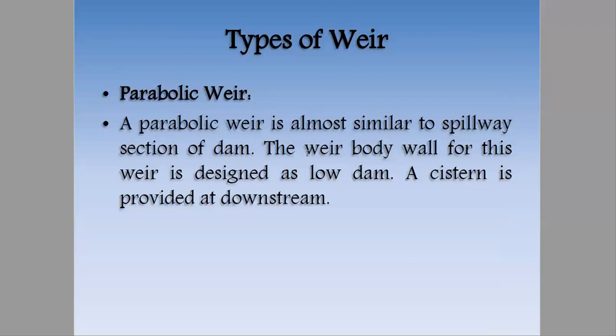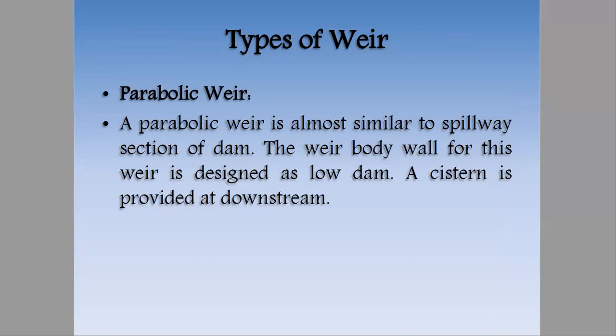Okay, so this is about the spillway of a dam, and this parabolic weir is similar to spillways of dam. We'll study in the coming units. Then you will be aware of spillways. Till then you just keep this in mind that parabolic weir is in some way similar to spillway section.